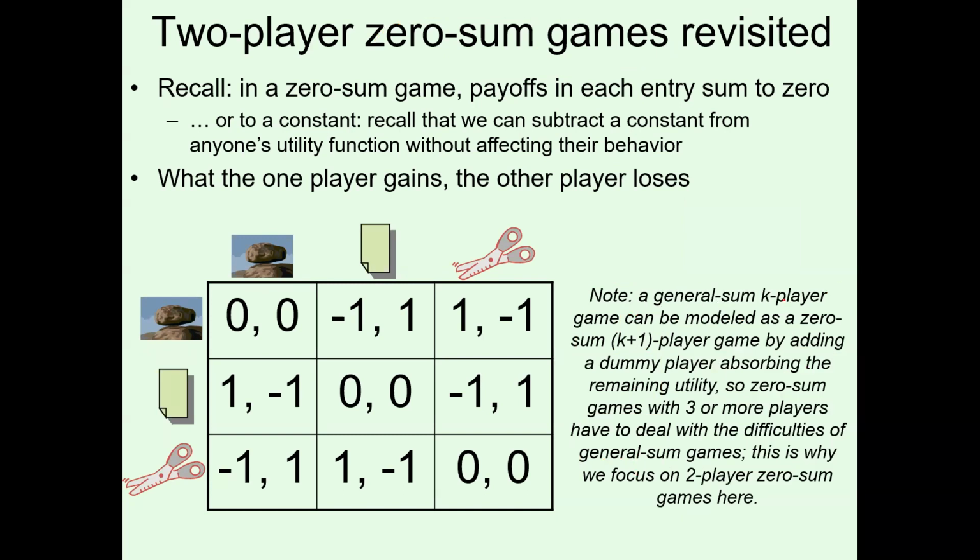A general sum K-player game can be turned into a zero-sum K plus 1 player game by adding a dummy player, absorbing the remaining utility. So zero-sum games with 3 or more players have to deal with difficulties with some games. This is why we focus on 2-player zero-sum games. Okay?